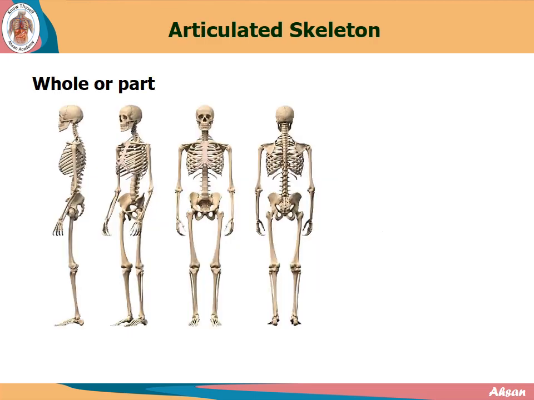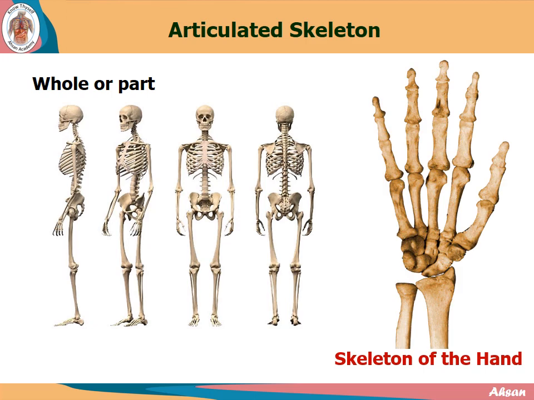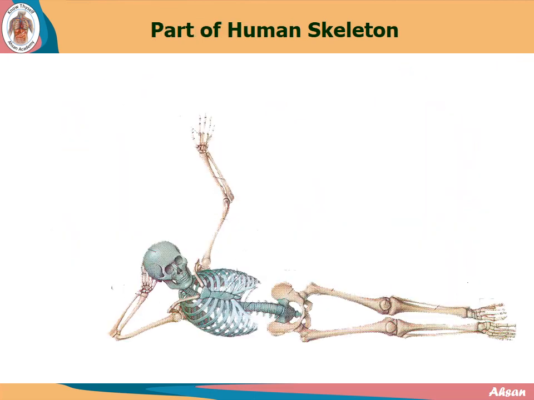So we can make the whole skeleton by uniting the bones, and it is known as human skeleton. Or we can make the skeleton of a part of the body, like this is the skeleton of the hand. So a part of the body can be identified as skeleton of that part, like skeleton of the vertebral column, skeleton of the skull, head, skeleton of the pelvis, and so on.